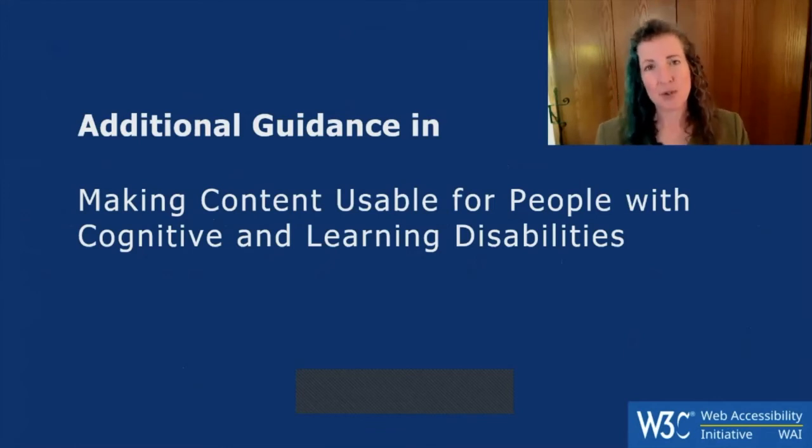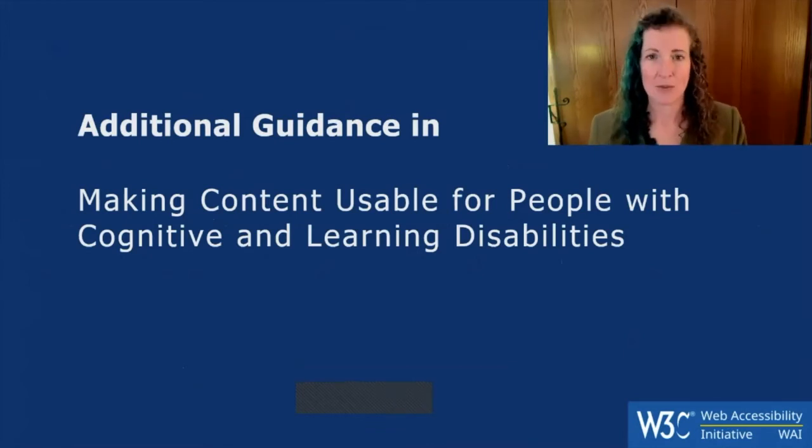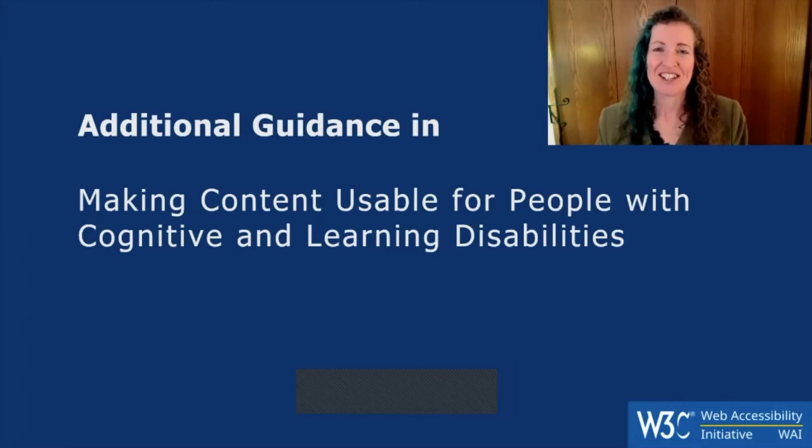In addition to the standards in WCAG, we have separate guidance in a resource called Making Content Usable for People with Cognitive and Learning Disabilities. This is not a standard, it's additional optional information to help make your web content and other content more accessible.